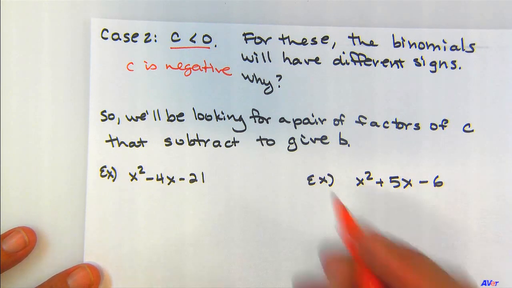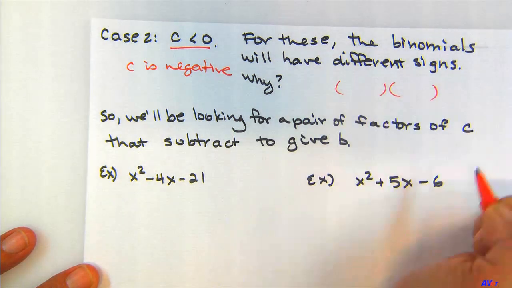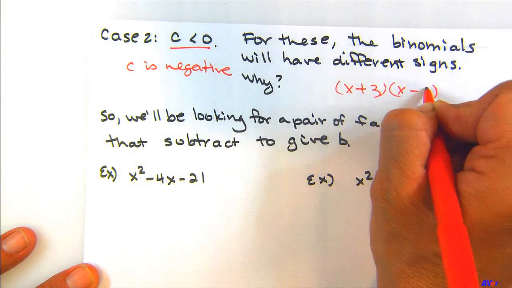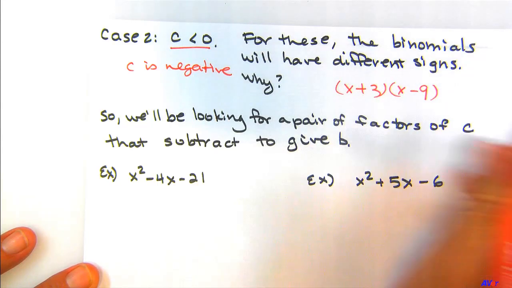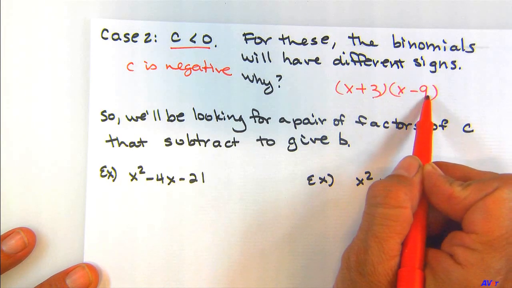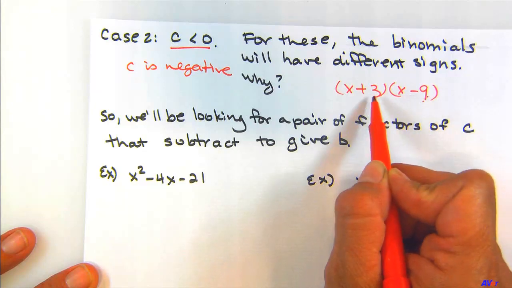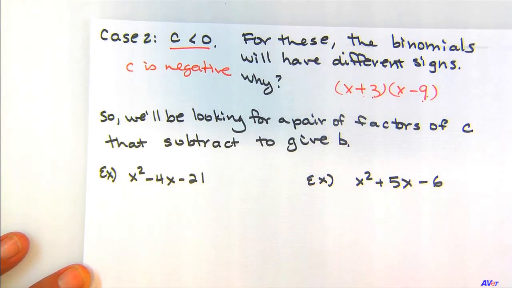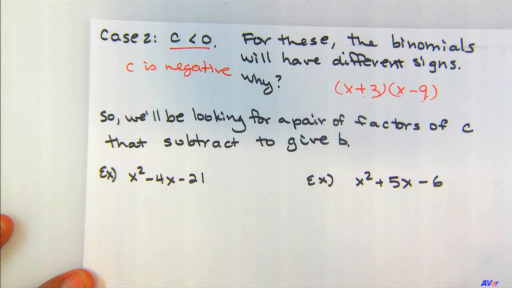Remember where c comes from. The value of c comes when we multiply the 2 in the last position, and I have to have 1 positive times 1 negative to get a negative value there. Okay, so c negative means we have one of each sign.